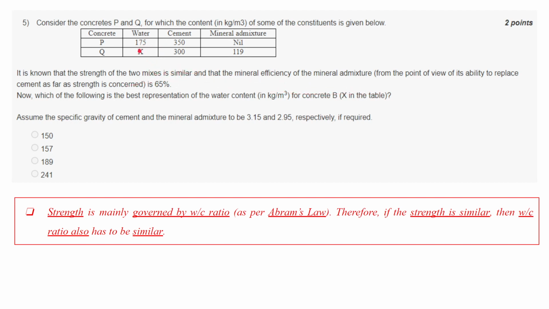So in P it is water by cement, and in case of Q it is water by cement plus 0.65 into mineral admixture. That is 175 by 350 is equal to x by 300 plus 0.65 into 119.